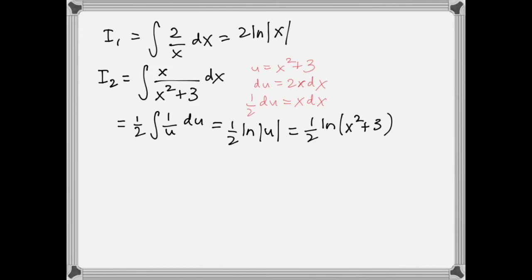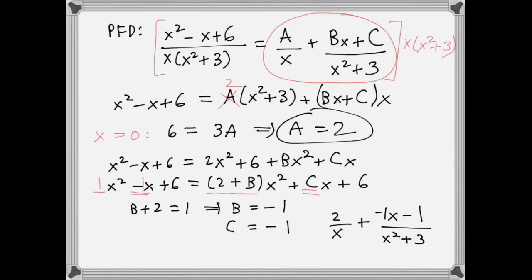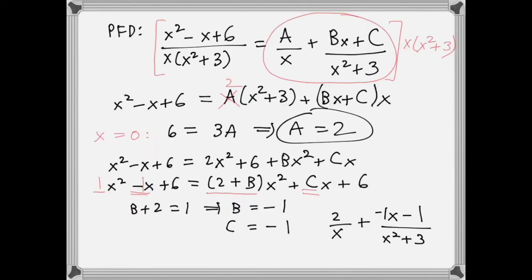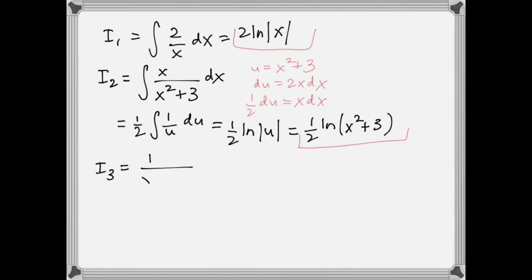So I found one answer. I found the second answer. The third integral, though, is the toughest one. It was 1 over x squared plus 3. It's not too bad. We need to use trig substitution.